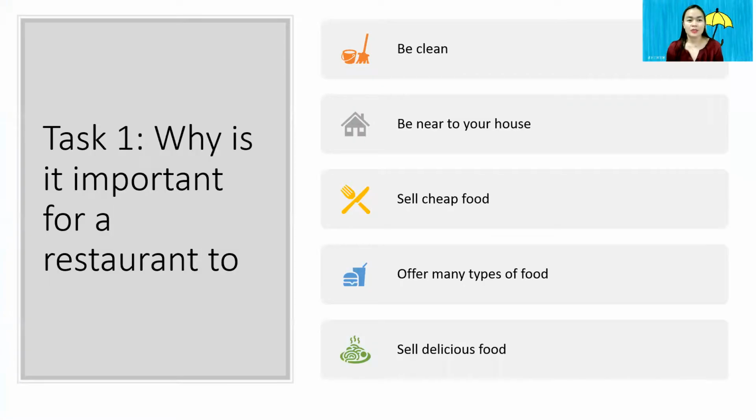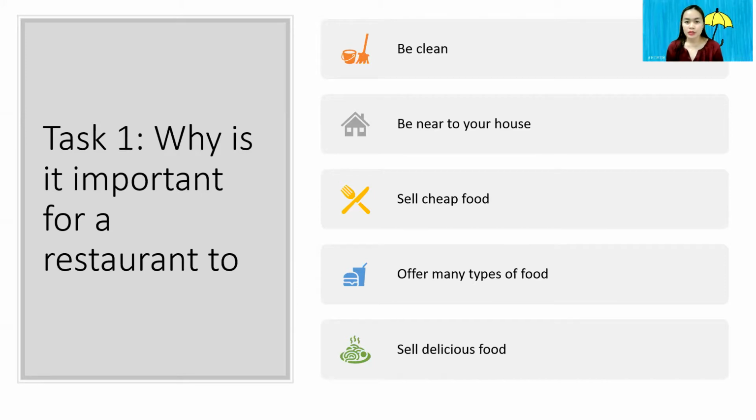All right, so the first task: why is it important for a restaurant to, one, be clean, or second, be near to your house, your location, right? Third, sell cheap food, and fourth, offer many types of food, the variety, and lastly, sell delicious food.